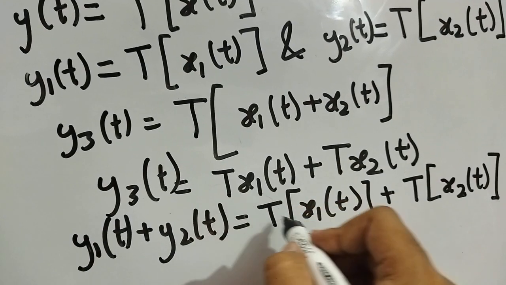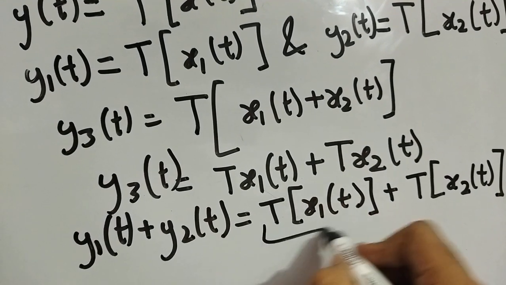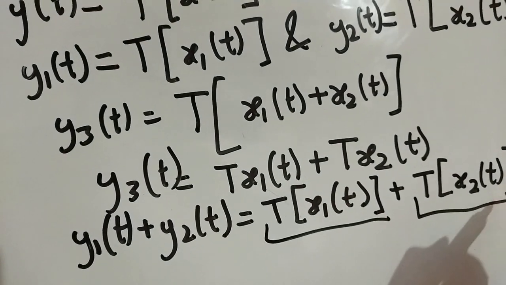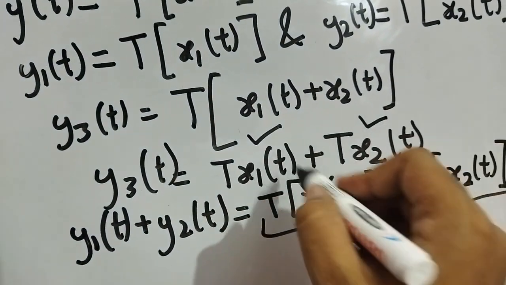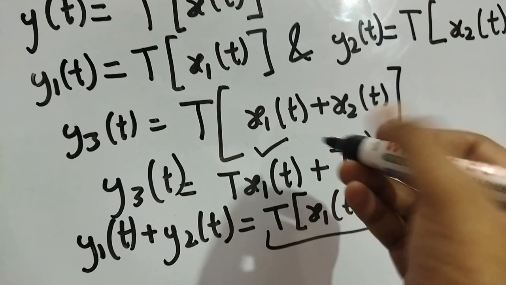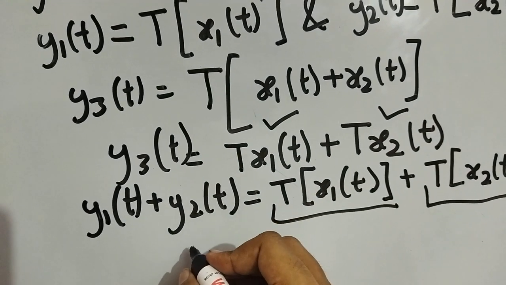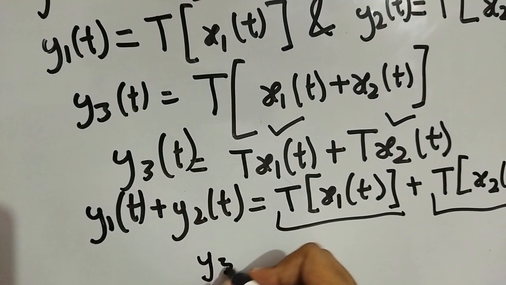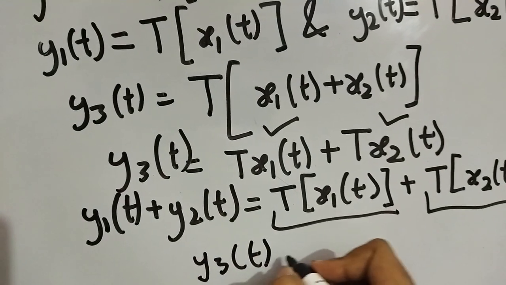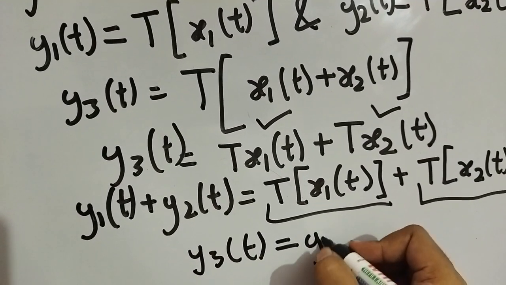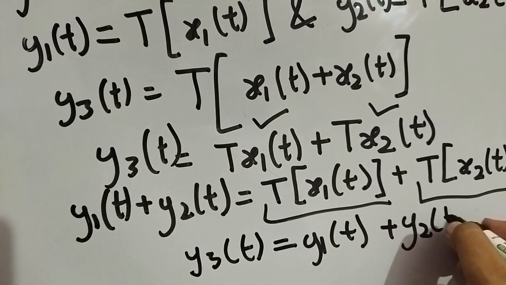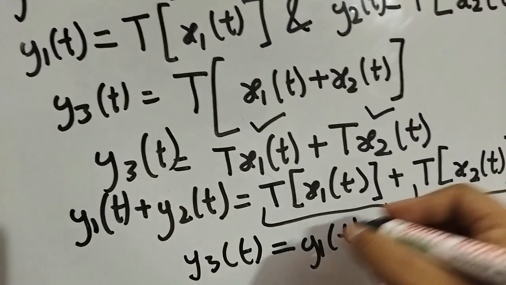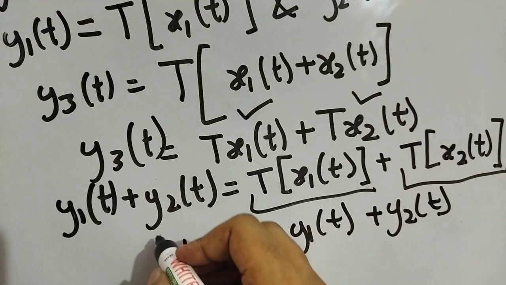The terms t into x1 of t and t into x2 of t in y3 of t are the same, so we can say that y3 of t is equal to y1 of t plus y2 of t, and this is the additivity property.